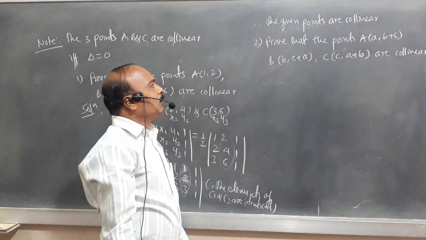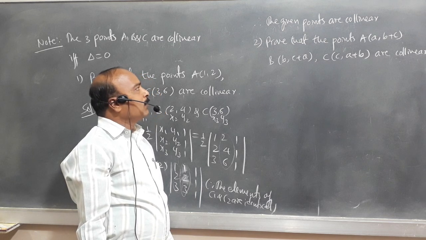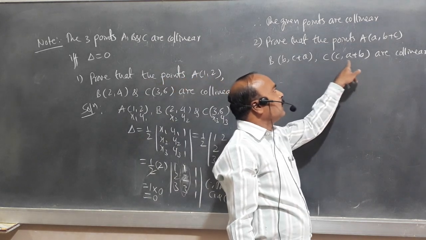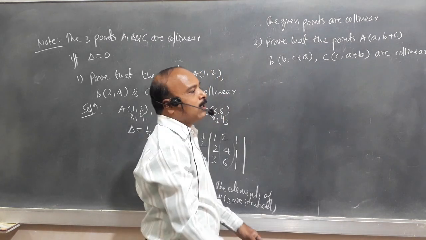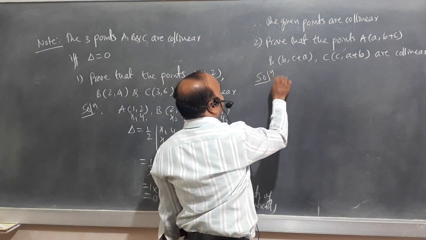Here 3 points are given. A has coordinates a, b+c, B has coordinates b, c+a, and C has coordinates c, a+b. Now we start with the same solution.